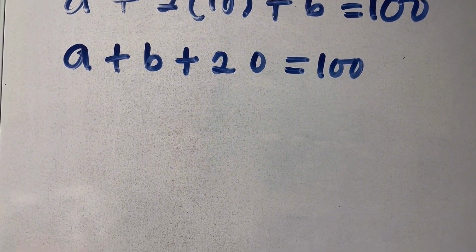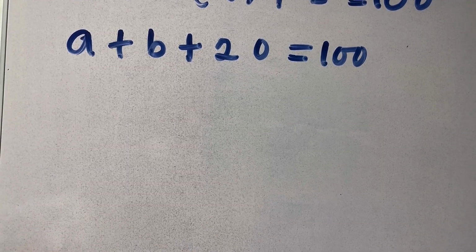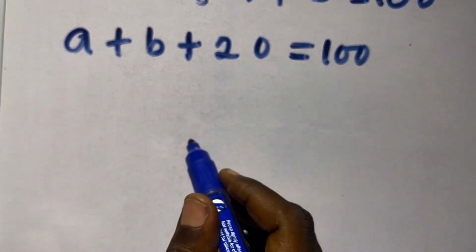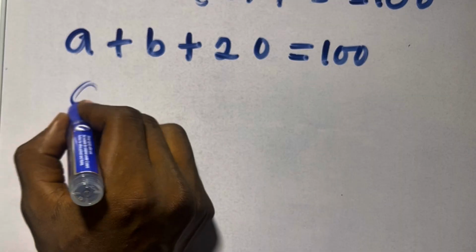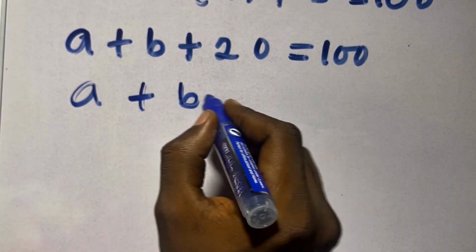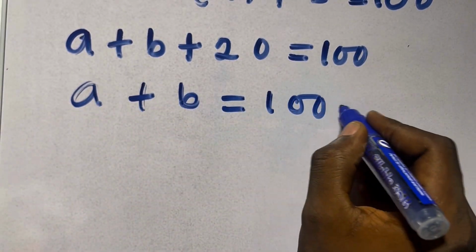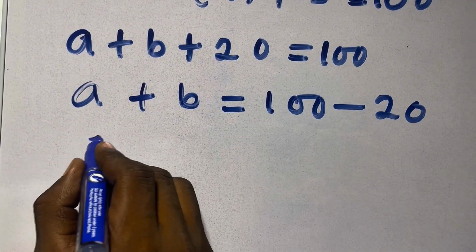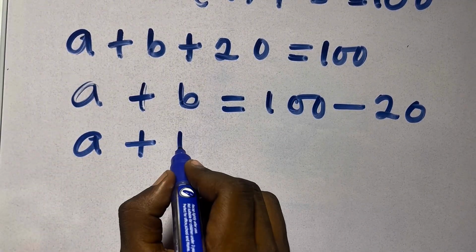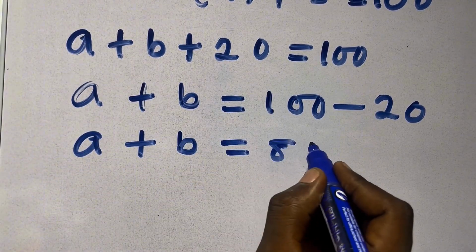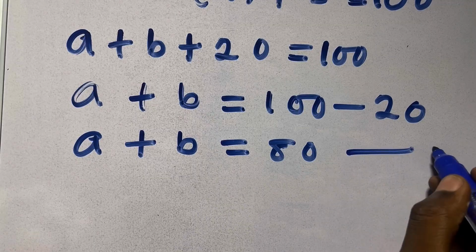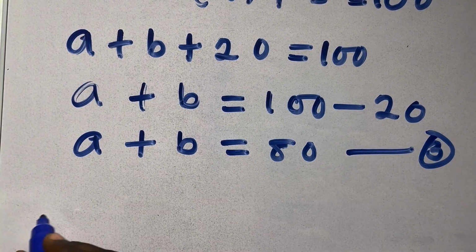Next, we transfer this to the other side, so that we have a plus b equals 100 minus 20. Therefore, we have a plus b equals 80. Let's call this our equation 3.